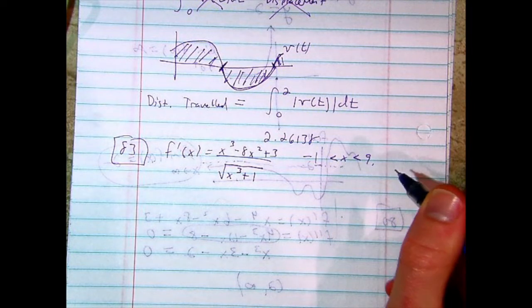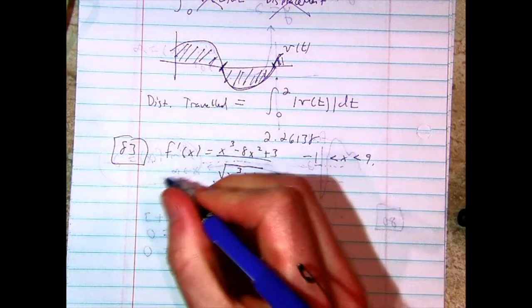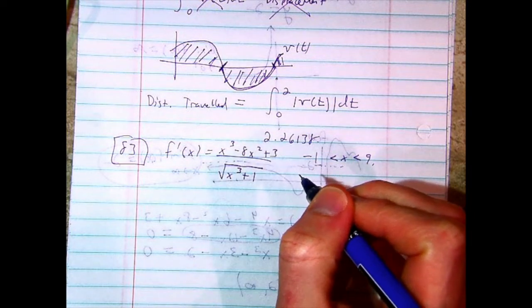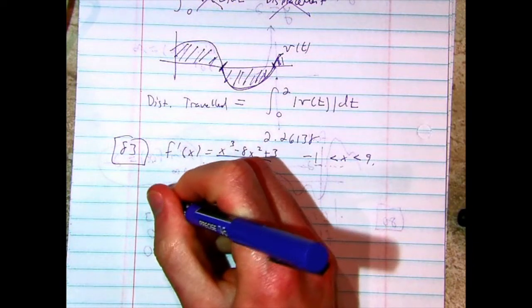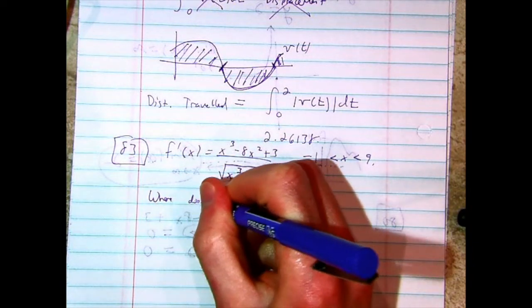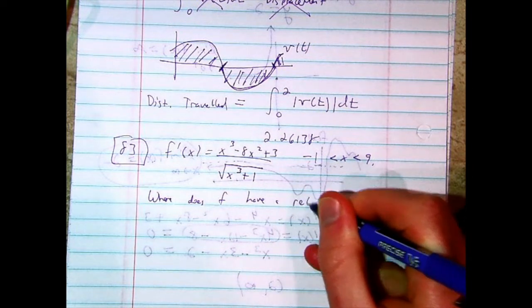And they ask, at what value does f, the original function, attain a relative maximum? So where does f have a relative max?